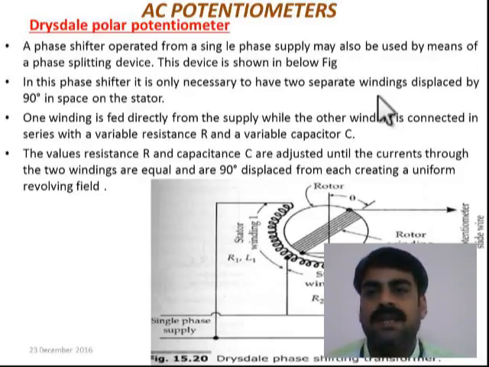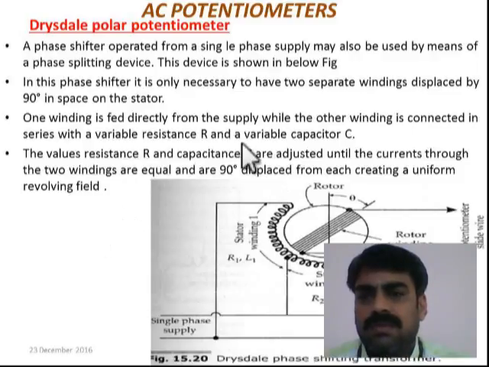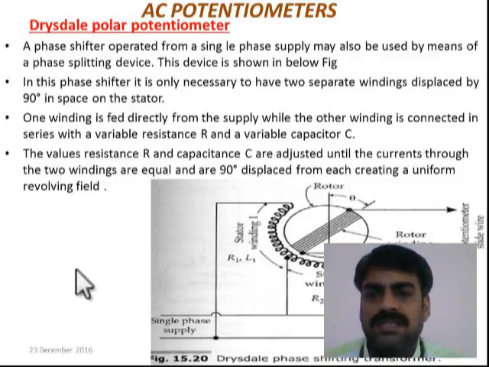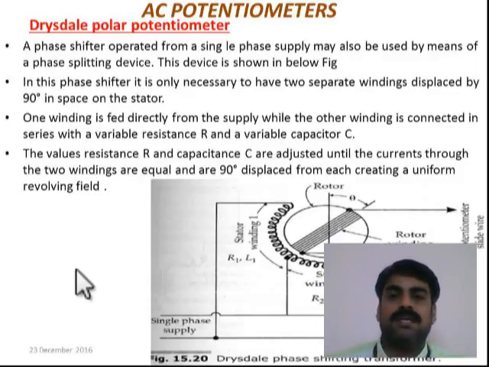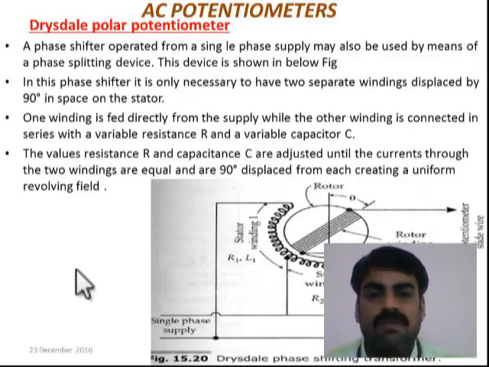To get that 90 degree phase displacement, we adjust R and C, which are present in series. The values of R and C are adjusted until the currents through the two windings S1 and S2, that is stator winding 1 and 2, are equal and are 90 degrees displaced from each other, creating a uniform revolving field.